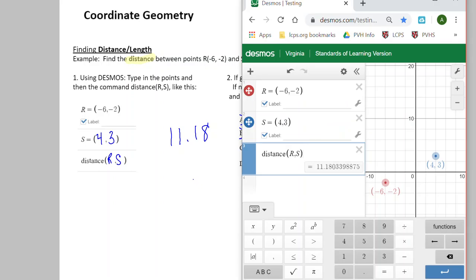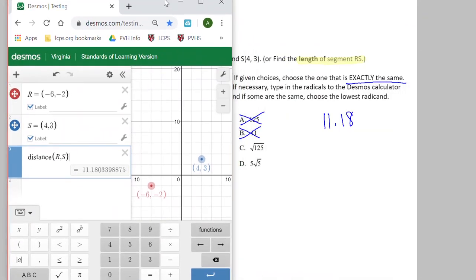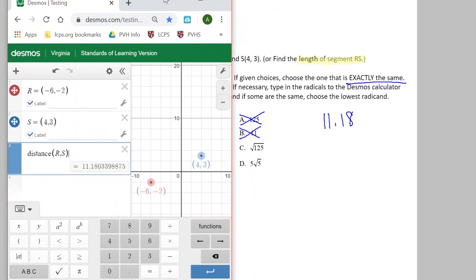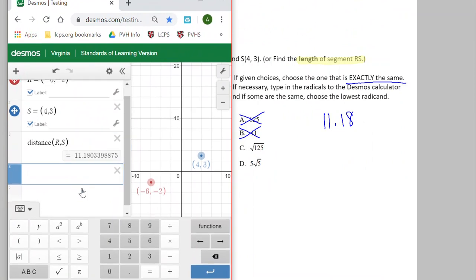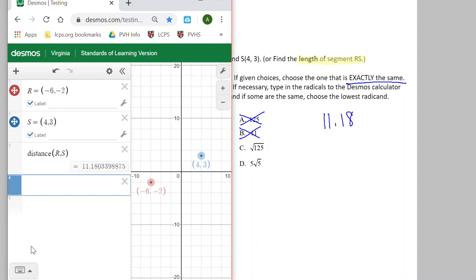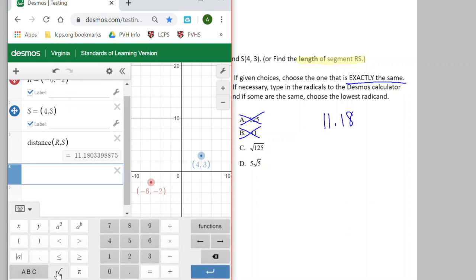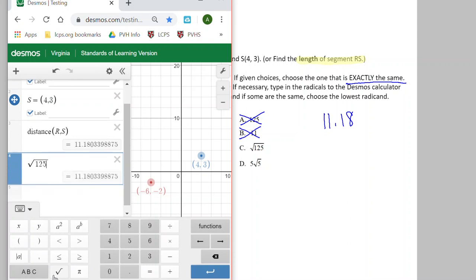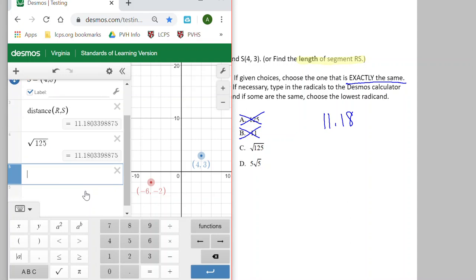Let's get that Desmos calculator back, and we'll type those numbers into the cell. Let's move that over so we can see better. We'll type in, notice our little keypad, if it's gone, we click there, square root 125. Well, I see this does equal 11.18, but let's type in the other one to be sure, 5 square root 5.